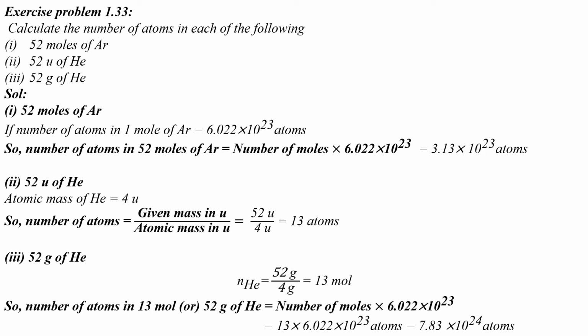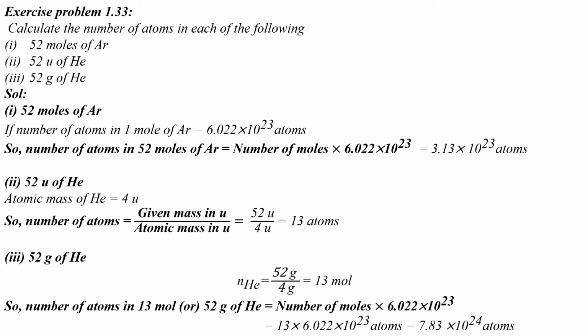So number of moles of helium is equal to given mass of helium divided by gram atomic mass of helium, because helium is not a molecule, it is an element. So we need to use the term gram atomic mass in the formula for finding the number of moles of helium. What is the gram atomic mass of helium? It is 4 grams. On substituting this value in the formula, we get 13 moles. So 13 moles is the number of moles present in 52 grams of helium.